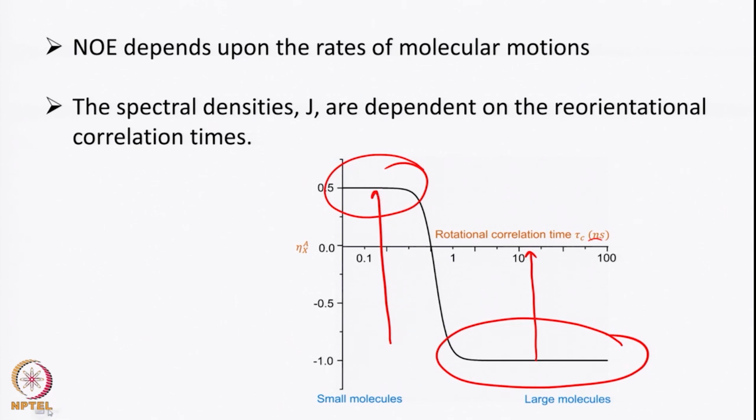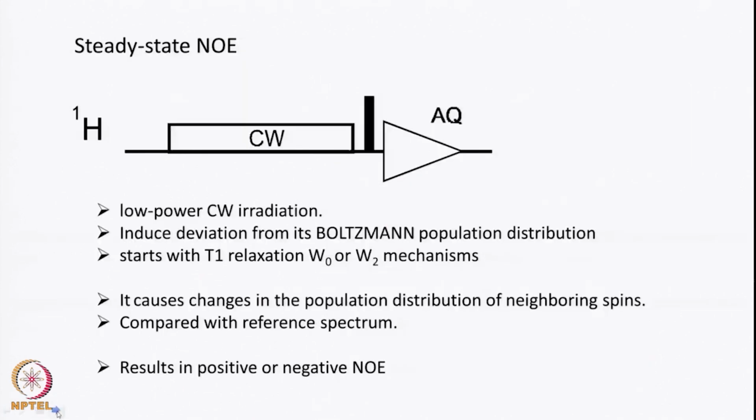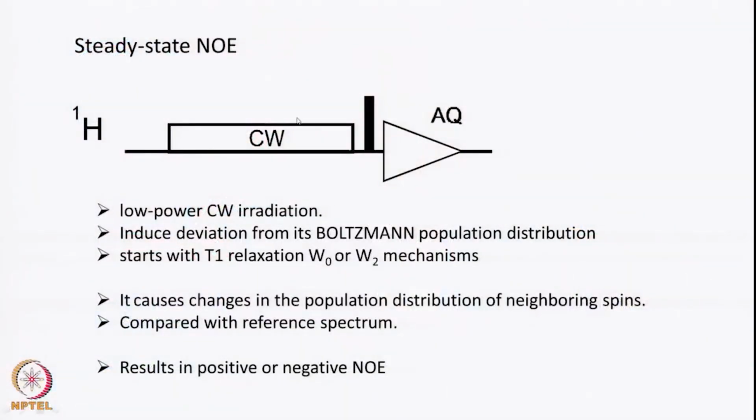We have seen this earlier as well. Just to refresh how we do these experiments: in the steady-state case, we take two coupled spins, and one spin is perturbed with a CW, a weak irradiating pulse. Then we apply a 90-degree pulse and acquire, and we see what the signal change is by comparing it with a non-irradiated or reference signal. This long, low-power CW irradiation induces a deviation from the Boltzmann population distribution, and then relaxation happens.